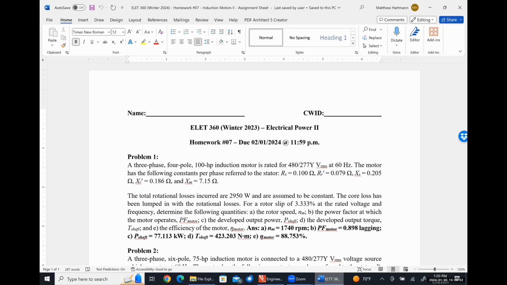Put it into polar form: 0.427 angle 66.071. Cosine of the angle.